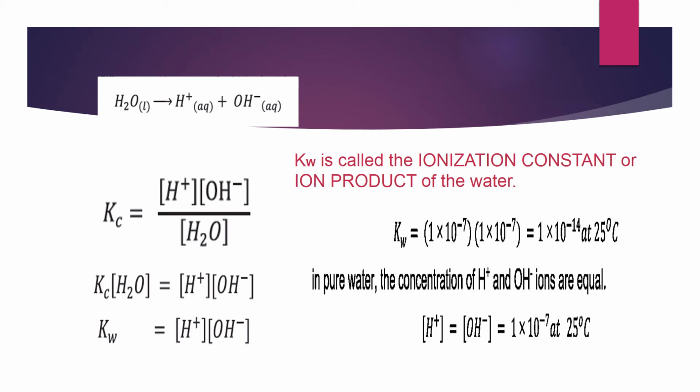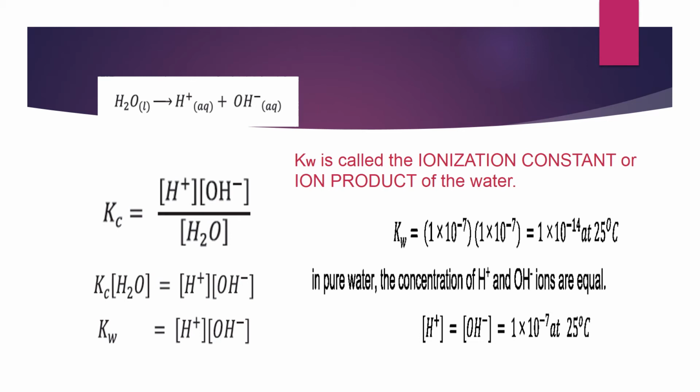So Kw is equal to 1 into 10 raised to the power minus 14, and since the concentrations of hydrogen ions and hydroxide ions are equal, each is 1 into 10 raised to the power minus 7.